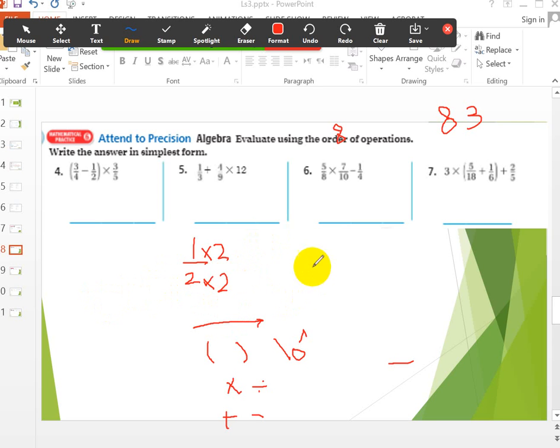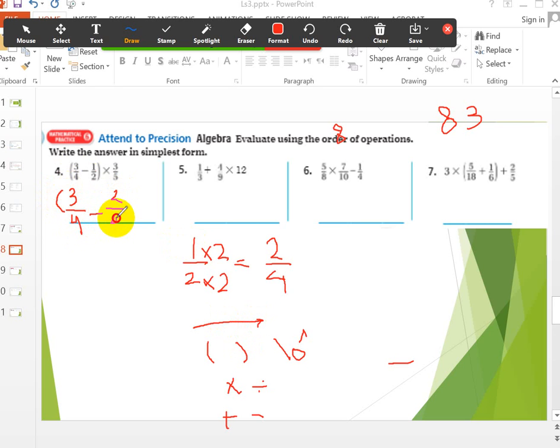So I will multiply both numerator and denominator with 2. 1 multiplied by 2 equals 2. 2 multiplied by 2 equals 4. So the fraction here will be 2 over 4. Let's write it again: 3 over 4 minus 2 over 4.